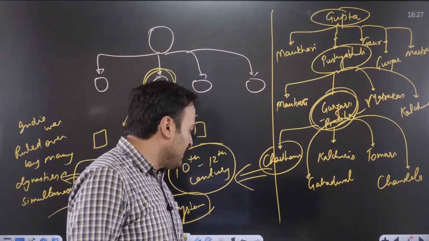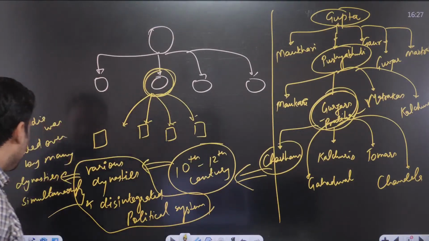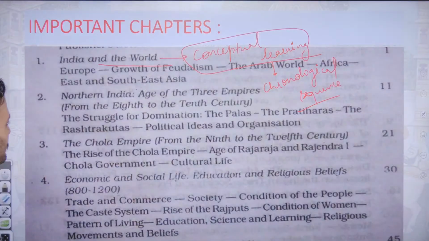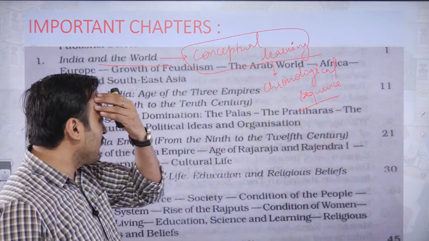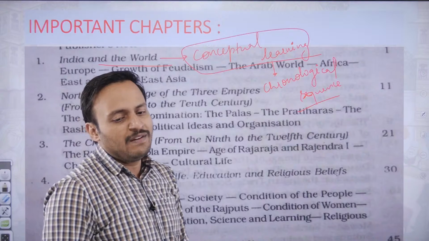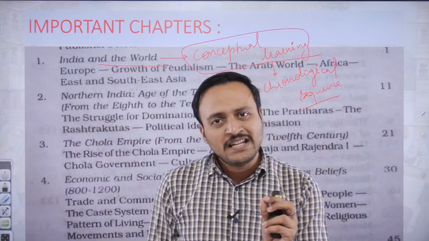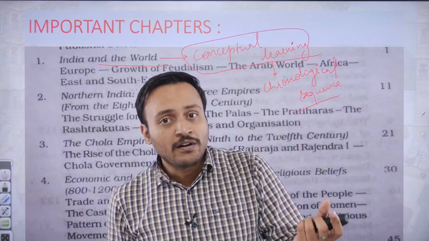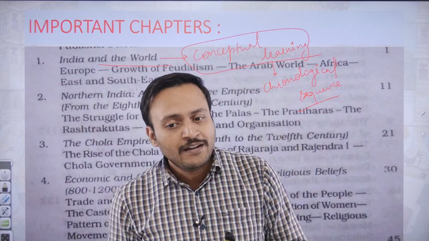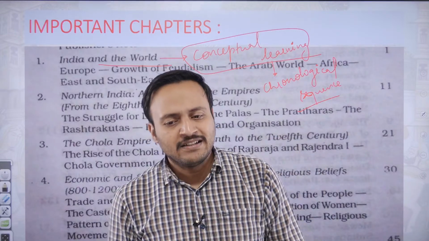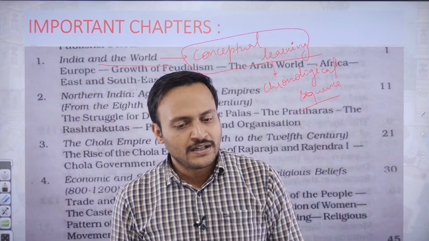Our entire medieval history is actually dependent upon this specific feature. We will study which dynasty made which contribution to our history in what manner exactly. That is what we are going to study.